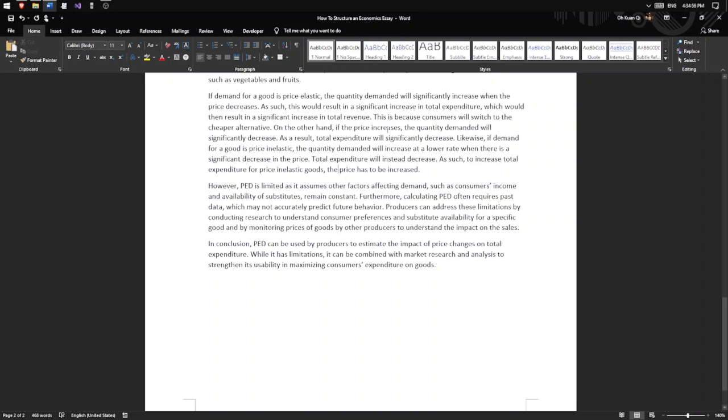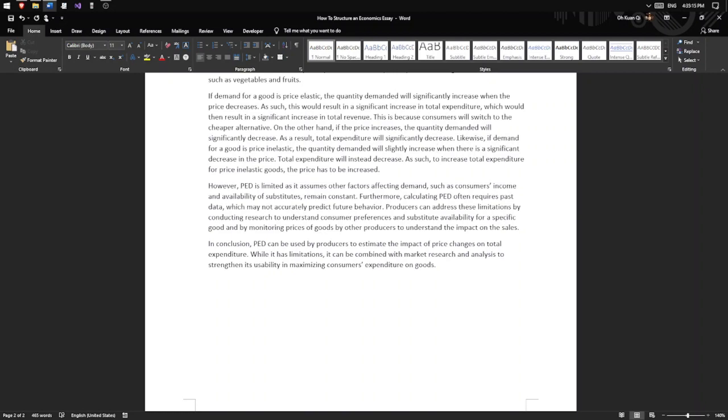You can also explain here that there's only a very small change in the increase in the quantity demanded, when there's a significant decrease in the price, and because of this, total expenditure will instead decrease.